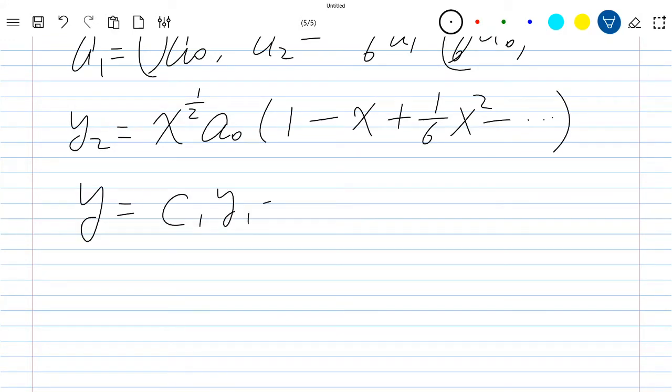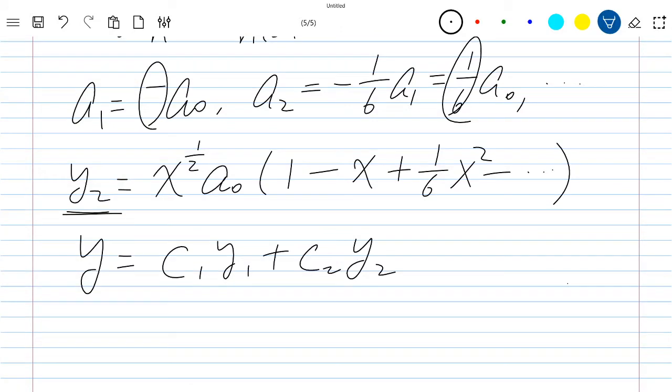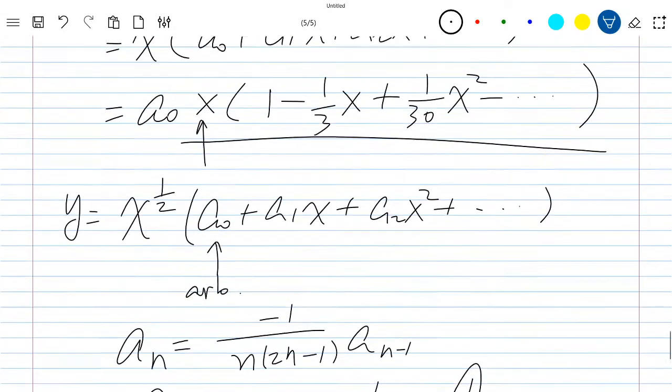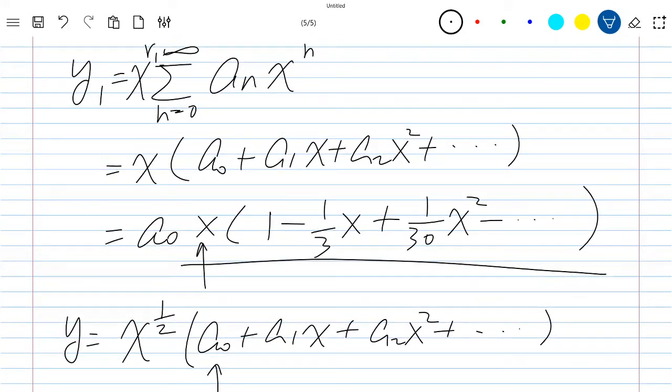Alright, so if you want to put them together, you can write down y equals c1 y1 plus c2 y2. Well, you can see this c1 and c2 were not in your solution automatically, like last time, like for the ordinary points. But that's because we have this a0 here and a0 there.